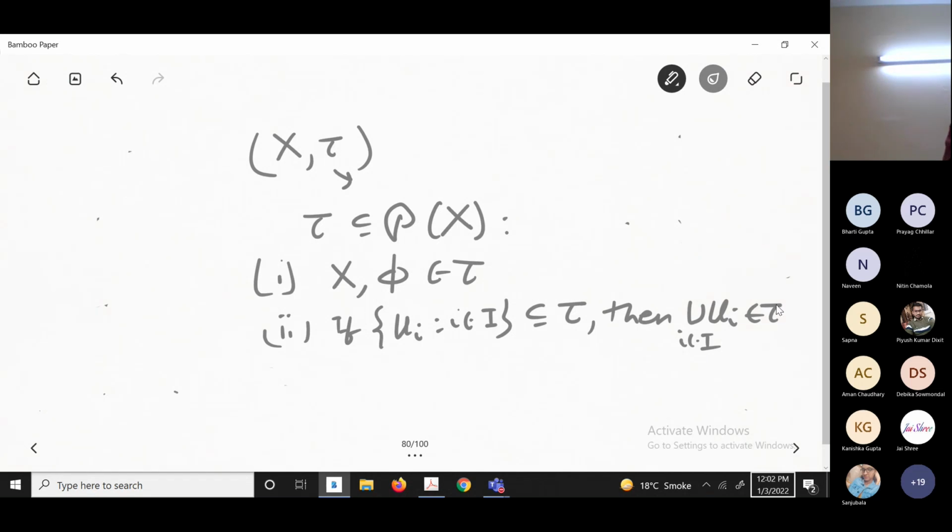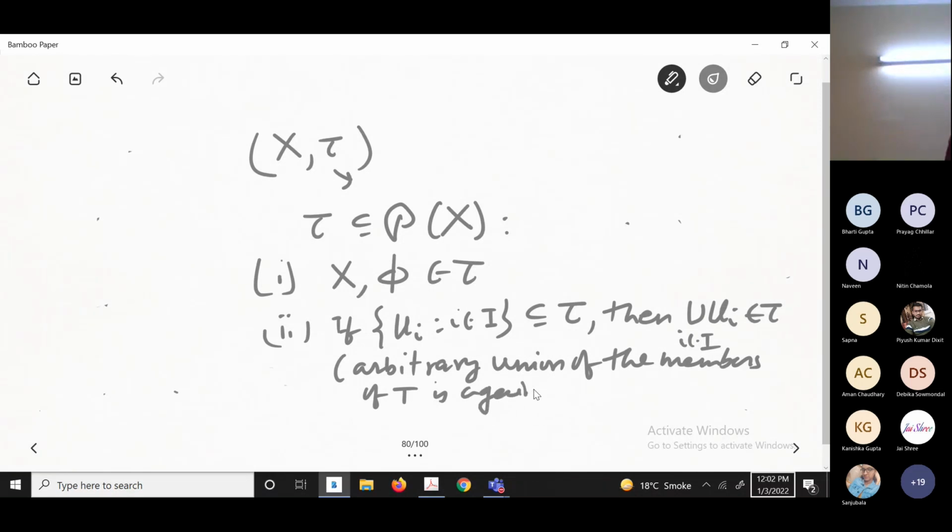That means arbitrary union of the members of tau, anything it can be, is again in tau.